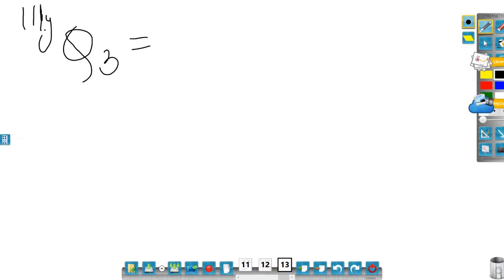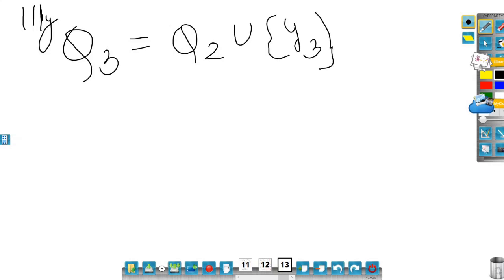Similarly, I can add one more term, which is not actually necessary, but let me write down one more step for clarity. So Q3, similarly, is equal to Q2 union {y3}. So Q2 is a part of Q3. Now what does Q3 have? Q3 has everything of Q2, only one extra point.